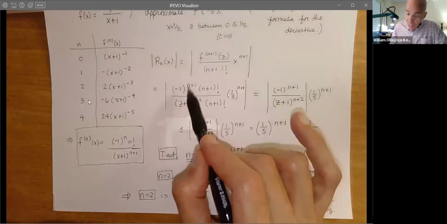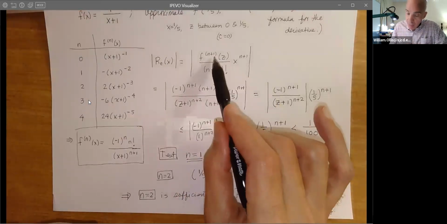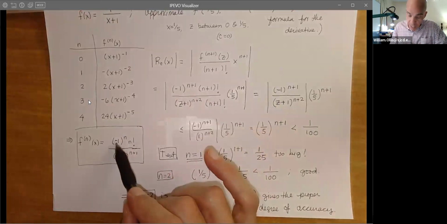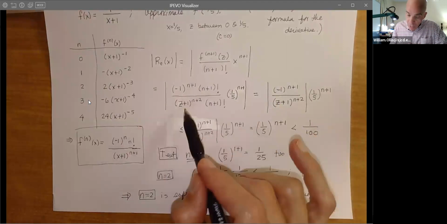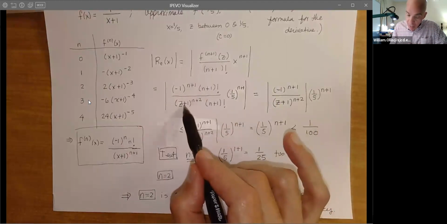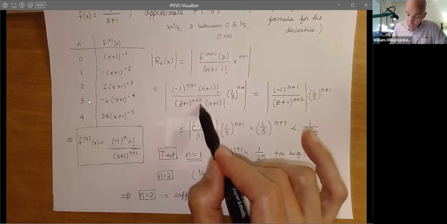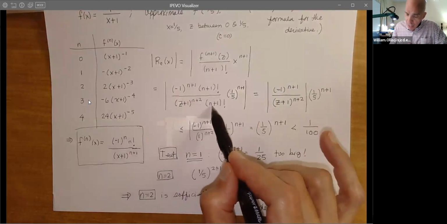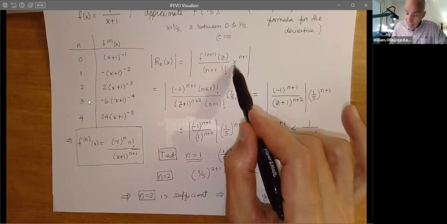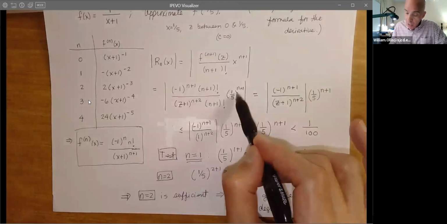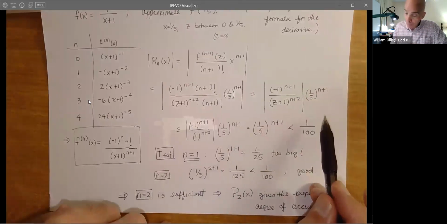And so now we fill in the n plus first derivative. So this is -1 to the n plus 1 factorial, and then we have z plus 1 to the n plus 2, and then here we have the n plus 1 factorial from Taylor's theorem, and then x, which is 1/5, to the n plus 1 power.